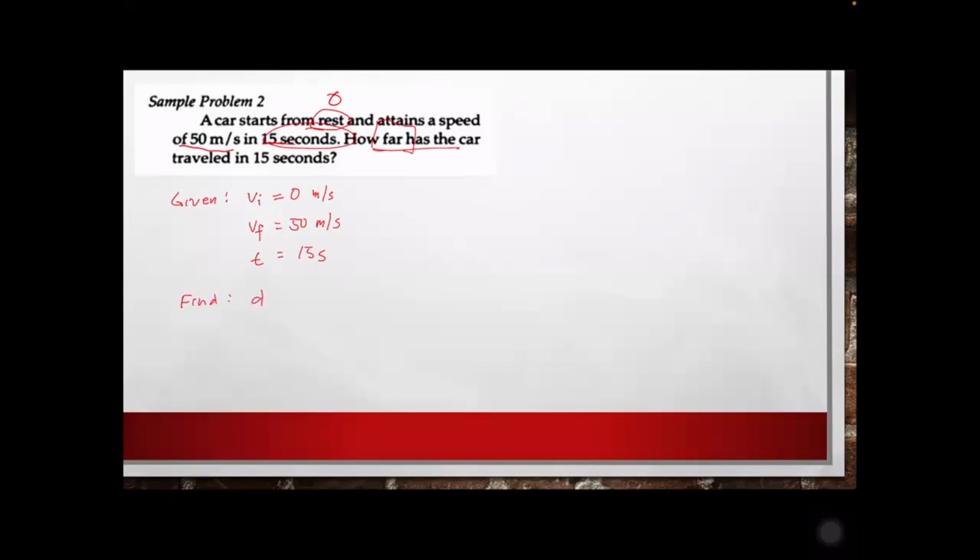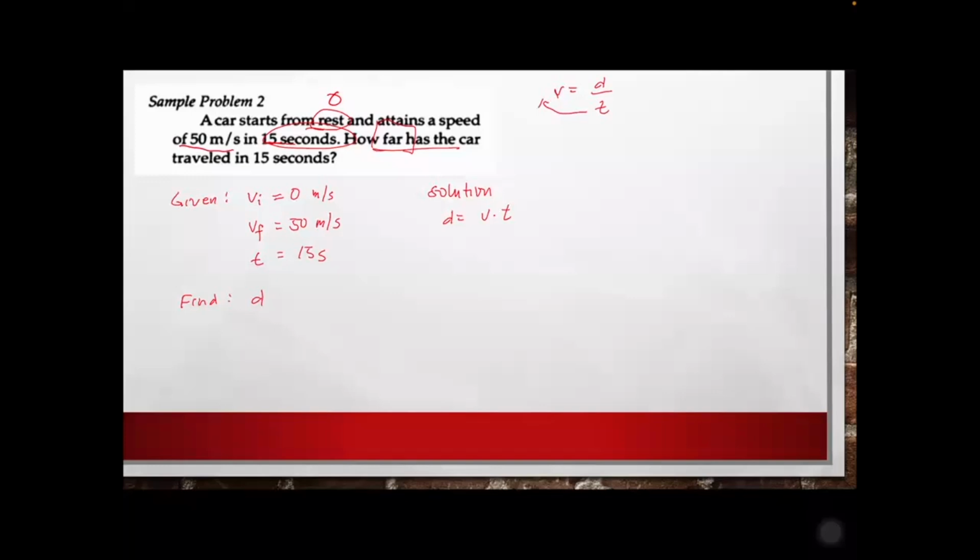Now, in solution, the formula we are going to use is D is equal to V times T. So, saan ulit siya galing? So, doon siya galing sa V is equal to D over T. So, ngayon, multiply doon kasi we're getting for the distance.